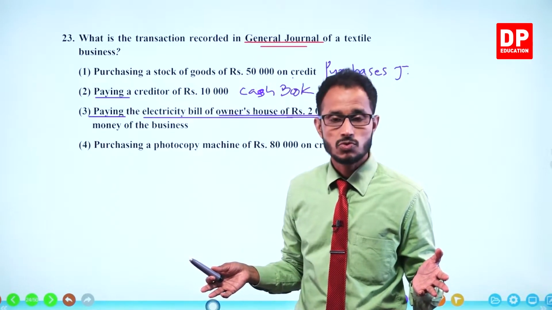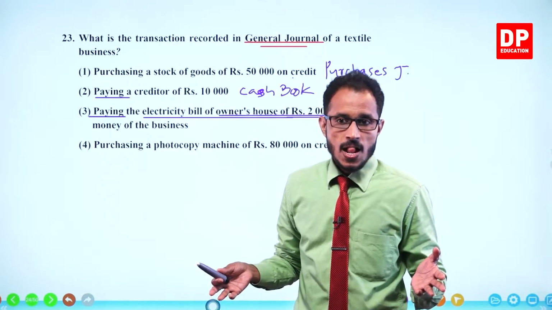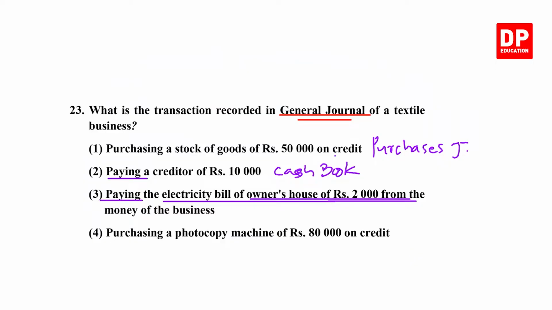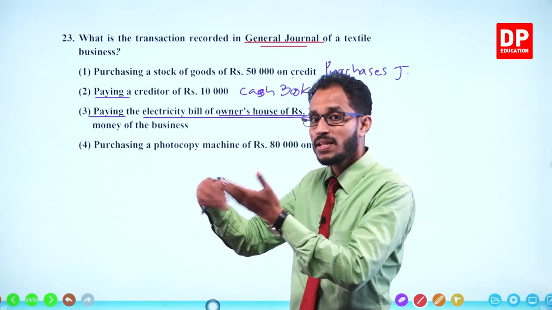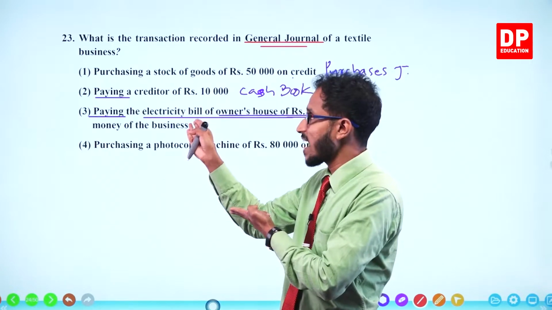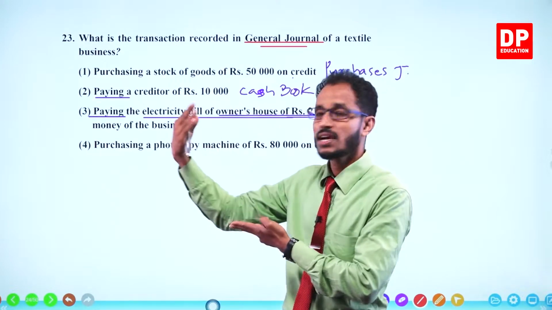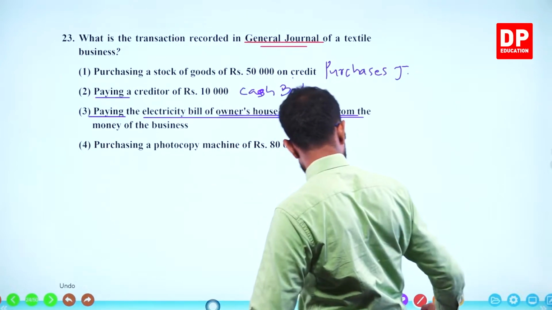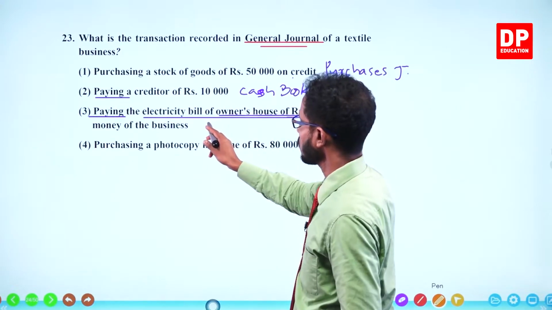This transaction is a drawing actually. But the prime entry book where you record is the cash book, because cash has been paid. Cash book credit, drawings account debit. So this also goes to the cash book, not to the general journal.